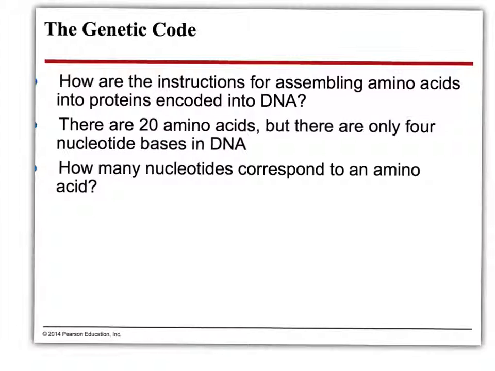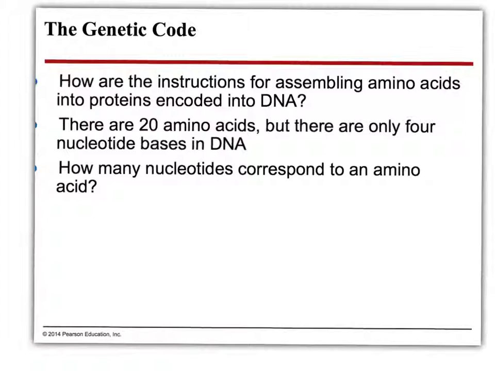The RNA transcribes that code, and that code is in 3 base pair words. Each of those 3 base pairs codes for a specific amino acid, which then determines the sequence of proteins, the primary sequence.